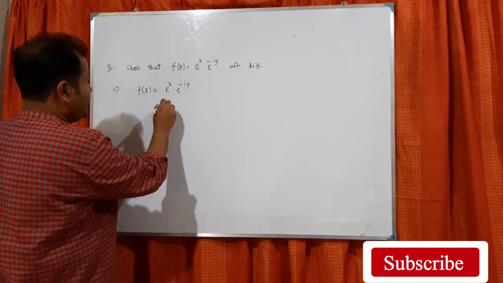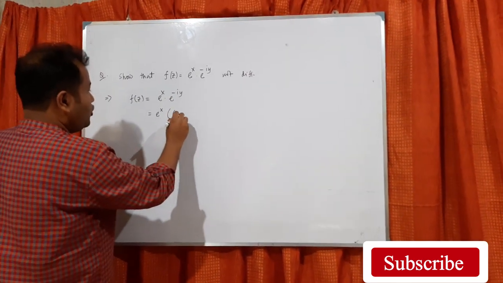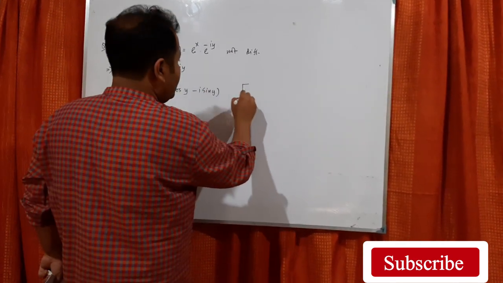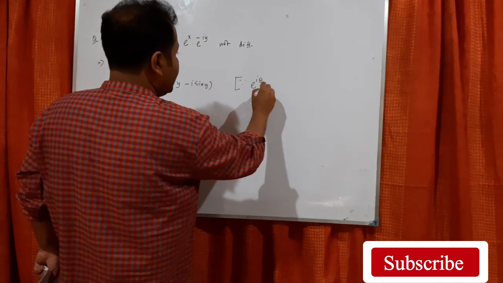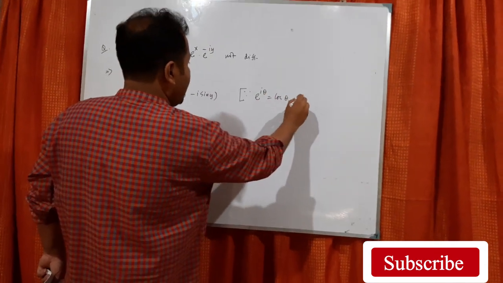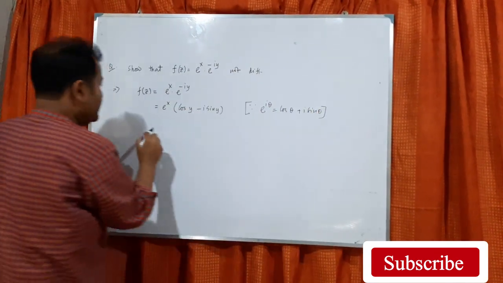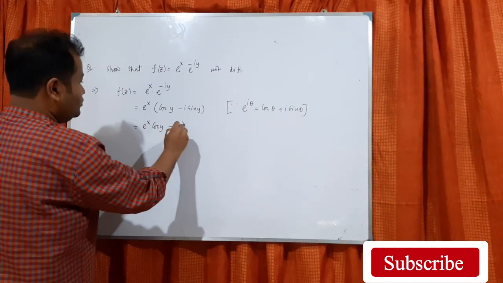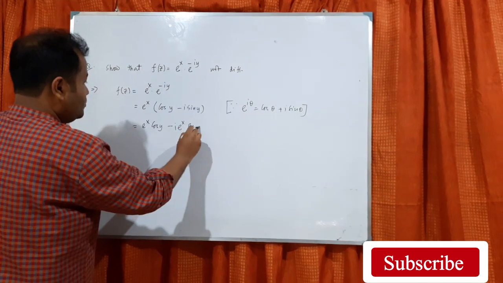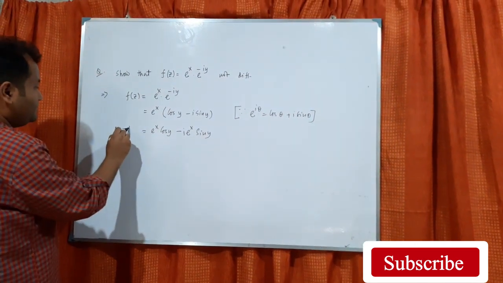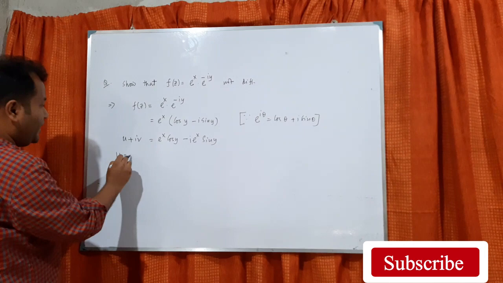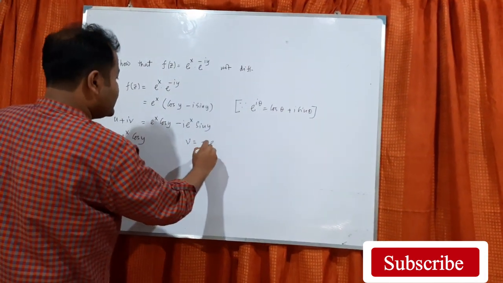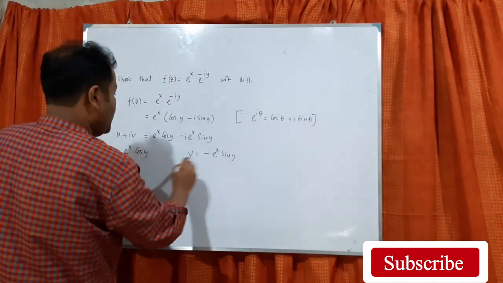So this is e to the power x, this is cos y minus i sin y, because we know e to the power i theta is cos theta plus i sin theta. So it should be e to the power x cos y minus i e to the power x sin y, and this is u plus iv. If I compare, u should be e to the power x cos y and v should be minus e to the power x sin y.